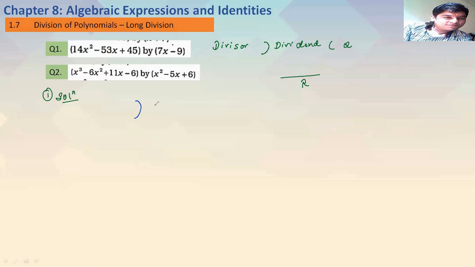So we have the dividend as 14x squared minus 53x plus 45, and the divisor is 7x minus 9. Now, the idea behind division is to reduce the dividend.